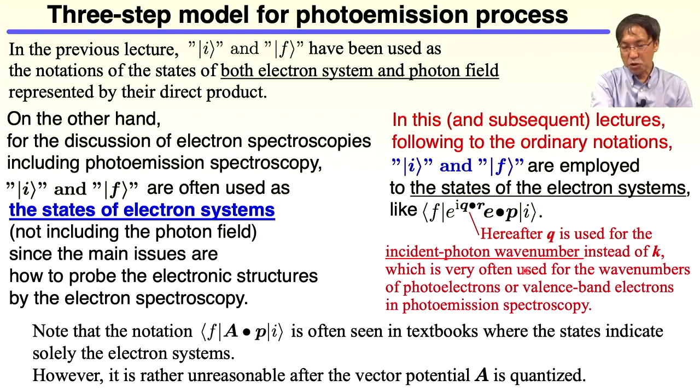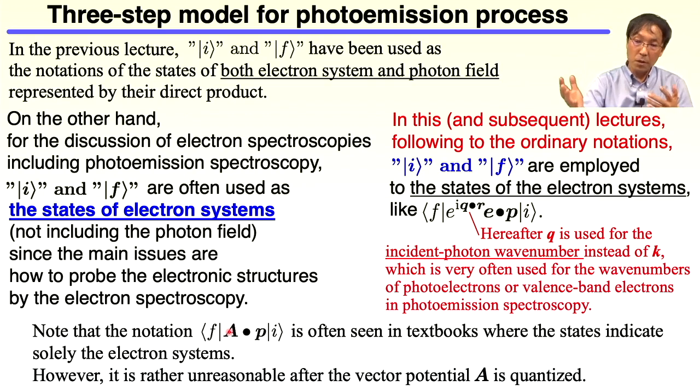It should also be noted that the notation A·P is often seen in the textbook, where the state indicates solely the electron system. However, it is rather unreasonable after the vector potential is quantized. If we quantize the light, namely the vector potential is quantized, we need to treat simultaneously both the electron system and photon field.